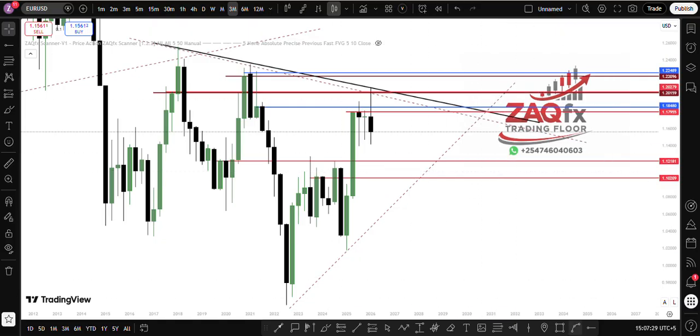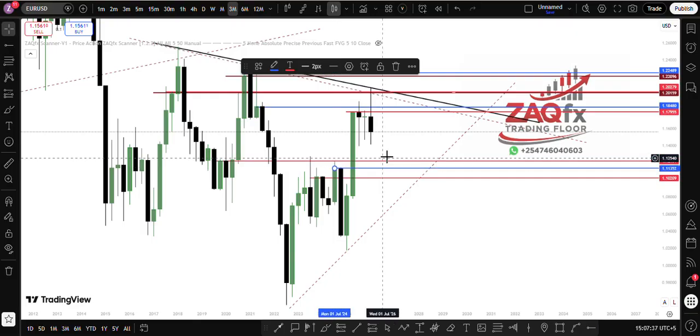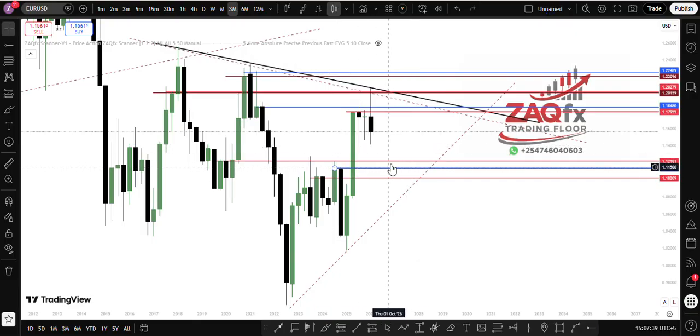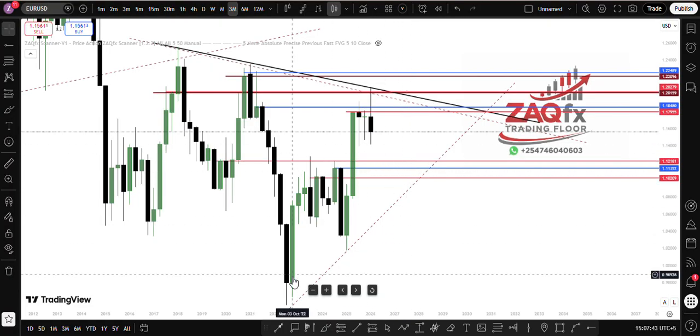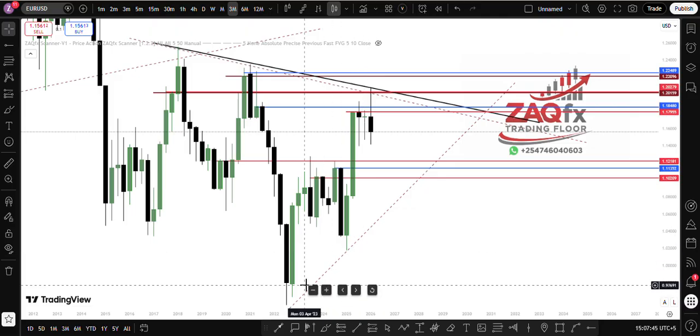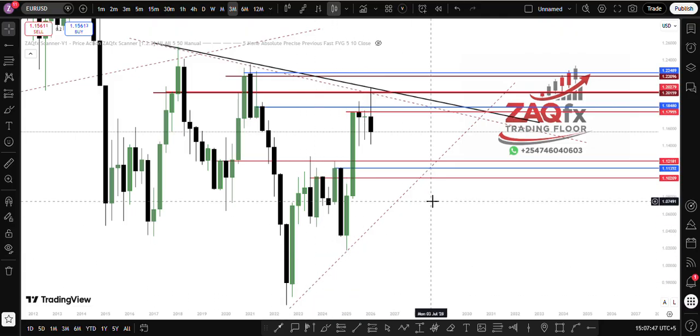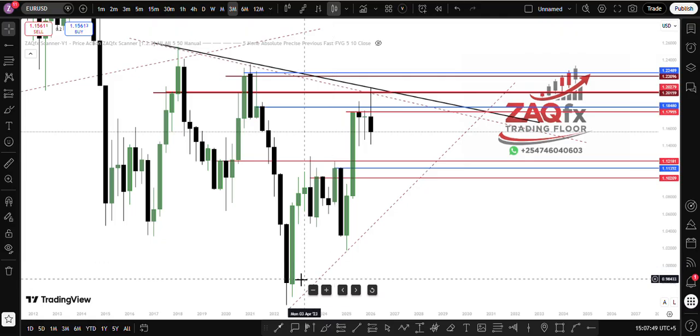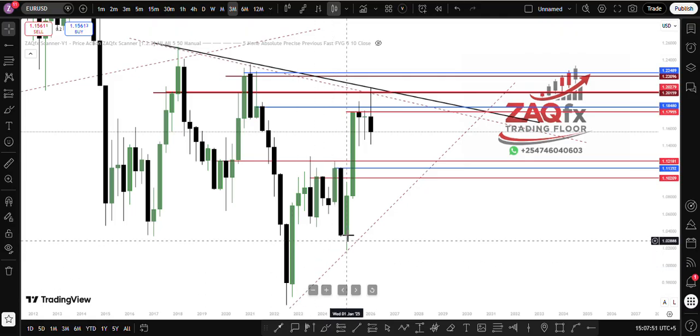For support, we just have the immediate one, which is right here, and then we have here. But let me draw this one first. Most likely the price will come here. This is a very strong convergence. This 6 months line is still there, to avoid clutter. We can see they are all speaking the same language. So 1 year, 6 months, same line.